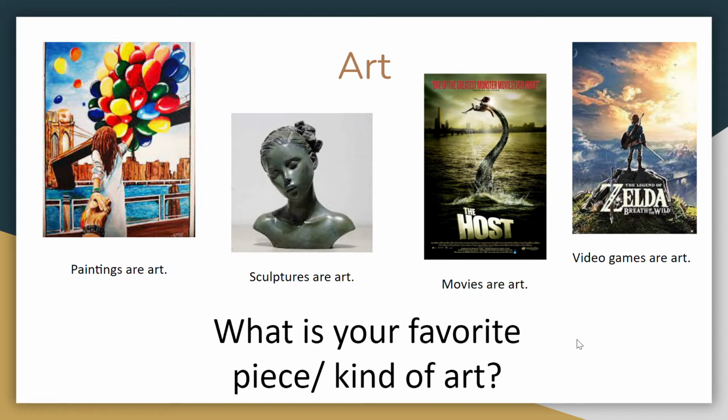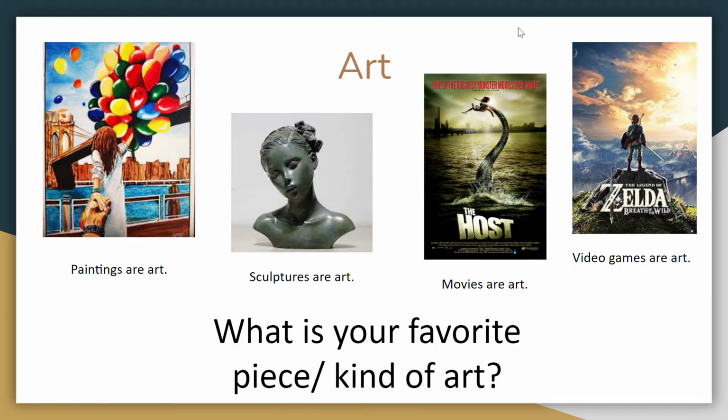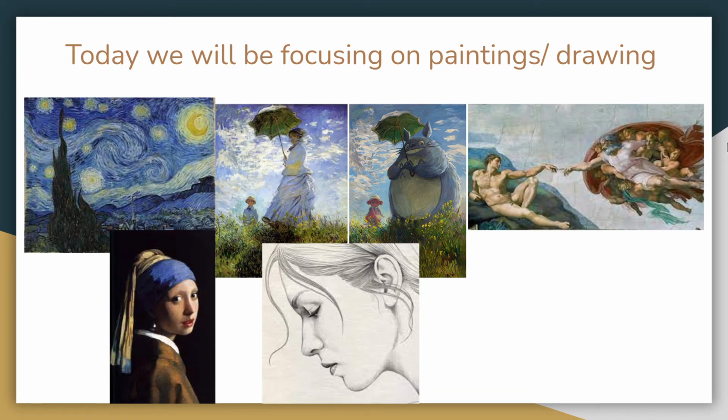Today, we are just going to be focusing on paintings and on drawings. Just those today. Maybe in another lesson, we can talk about maybe some movies or some interesting video games. Today, just paintings and drawings.